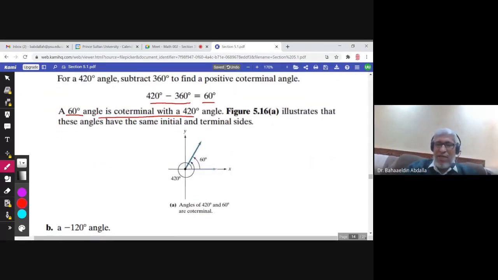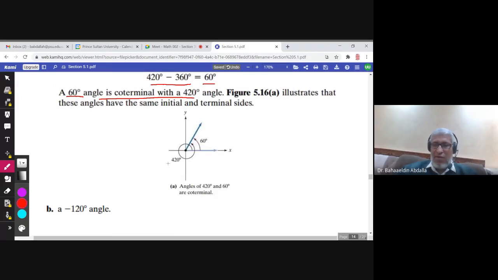And you can see that in this graph, this is the angle 60 from here to here. If you add 360 to 60, you reach 420.